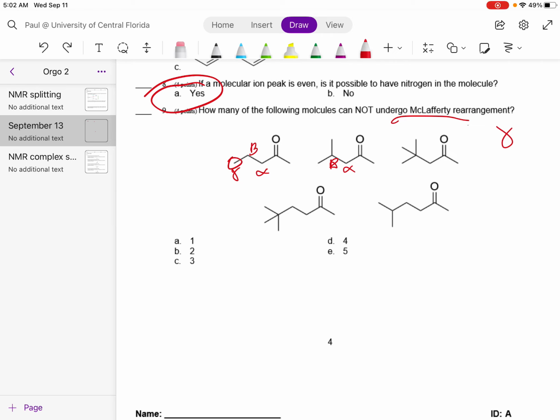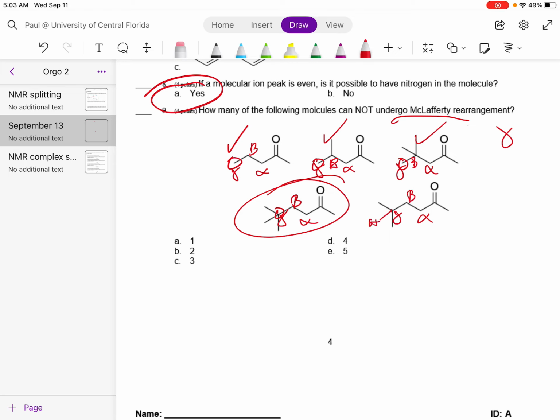Are there protons there? Yes. Alpha, beta, gamma. Are there protons? Yes. So those work. Alpha, beta, gamma. There's no protons, so that one does not work. Alpha, beta, gamma. There is a proton coming off, so that does work.